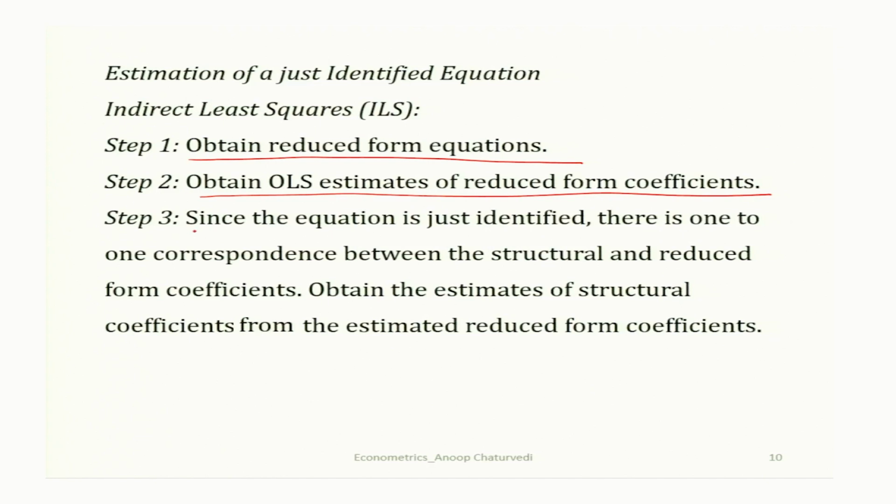Then, if the equation is just identified, there is a 1-to-1 correspondence between the structural and reduced form coefficients. You can solve the relation between structural and reduced form coefficients to obtain unique solutions for structural parameters. And since you have estimates for reduced form coefficients, you can use those relations to obtain estimates of structural parameters.